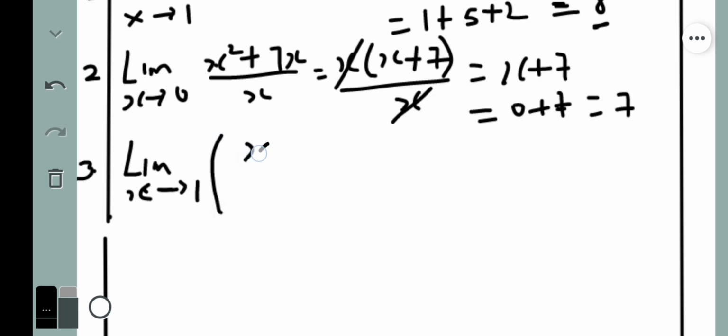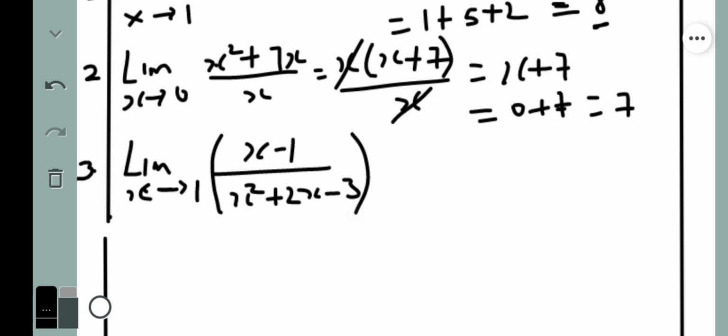Let's say we have x minus 1 divided by x squared plus 2x minus 3, and we want to find the limit of this function. If I use direct substitution here, it might not work, because if I directly substitute x as 1, we have 1 squared plus 2 minus 3, which gives us 0 in the denominator, and that will give us an undefined answer. So what do we do?